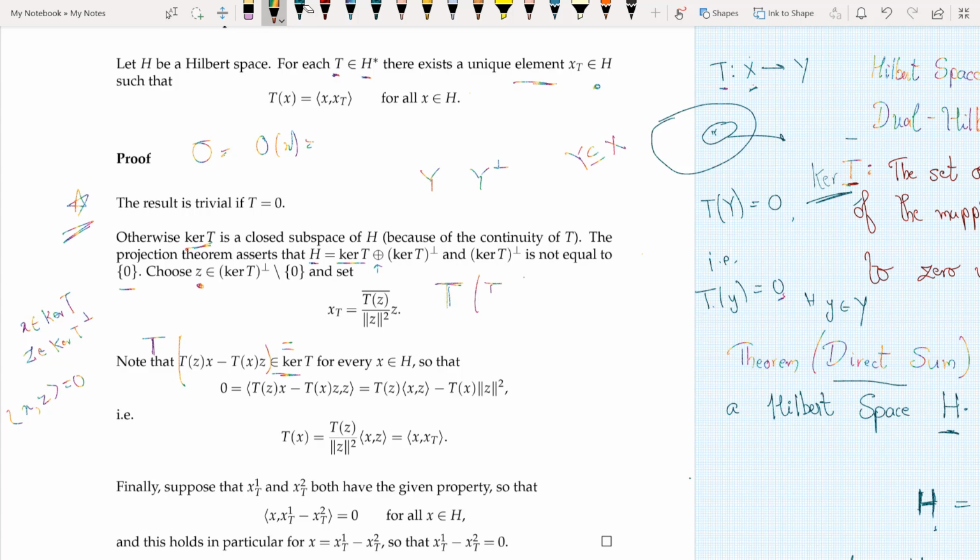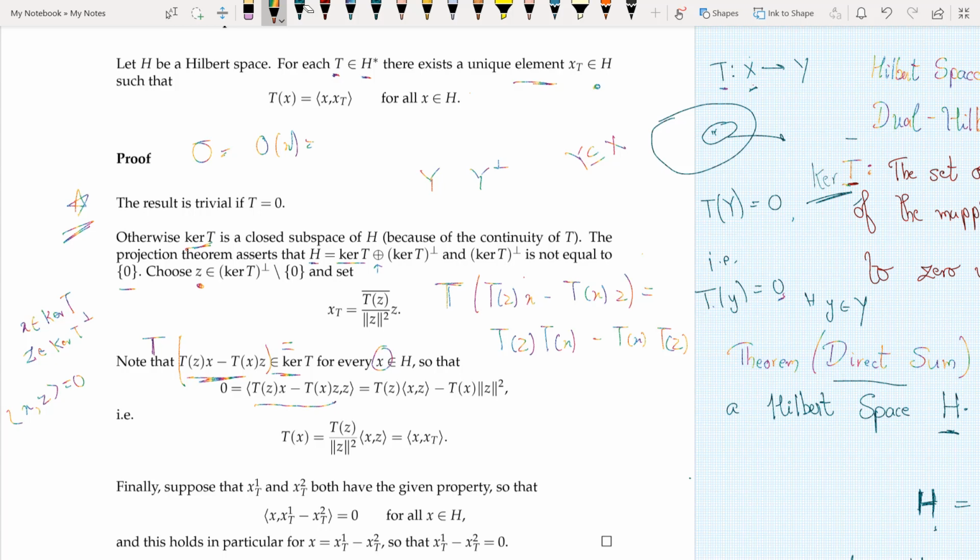So T of (Tz x minus Tx z) is equal to Tz Tx minus Tx Tz, which is of course 0, which implies that this is an element of kernel of T for every value of x belonging to my space H. Now if this thing belongs to the kernel of T, then if I take the inner product of this quantity with my z, that should also become 0.